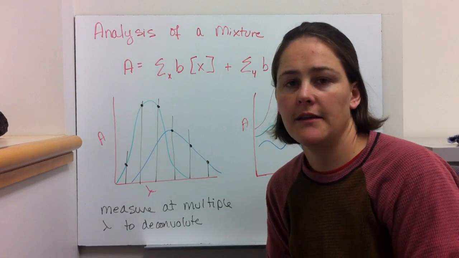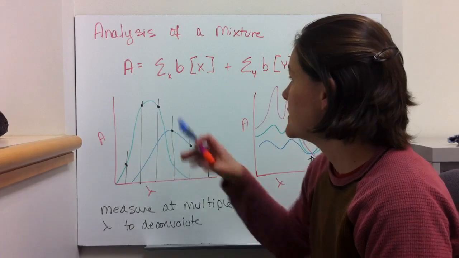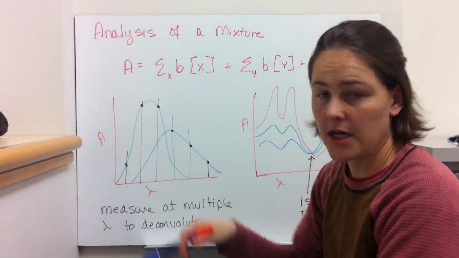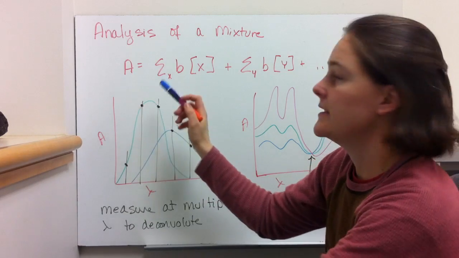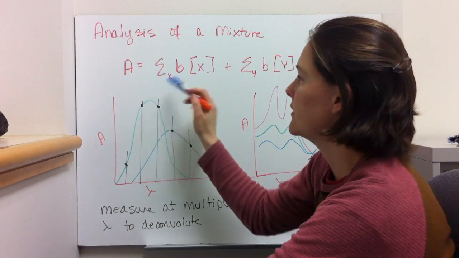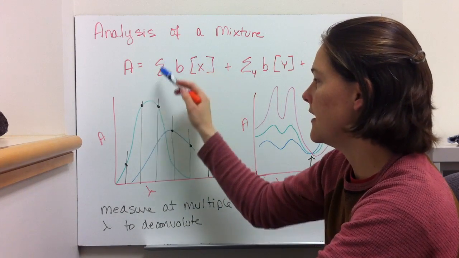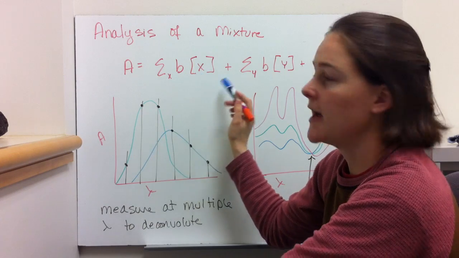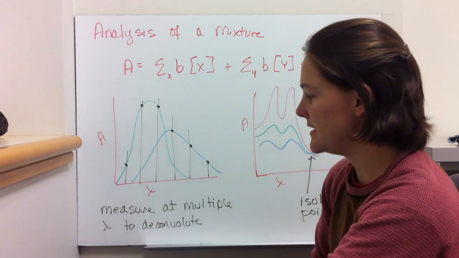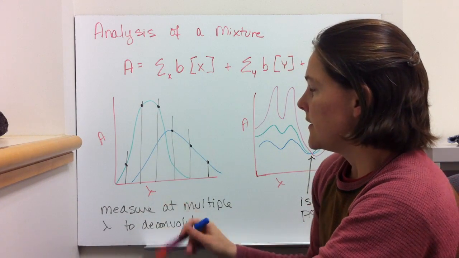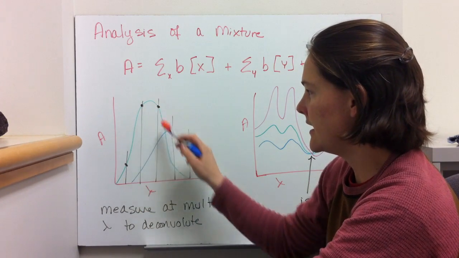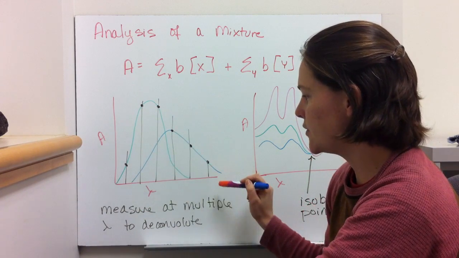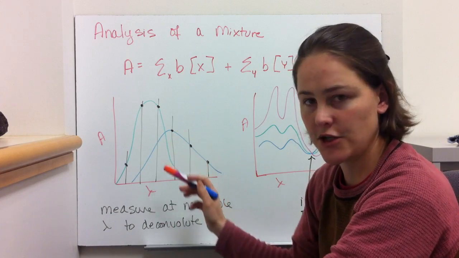Let's talk about Beer's law in the context of analyzing a mixture. Say you have a mixture of a couple of different analytes in solution. The absorbance is related to the sum of the molar absorptivities times path lengths times concentrations of each of the species in solution. If you have overlapping peaks, you can analyze the absorbance at a bunch of different points for your mixture.